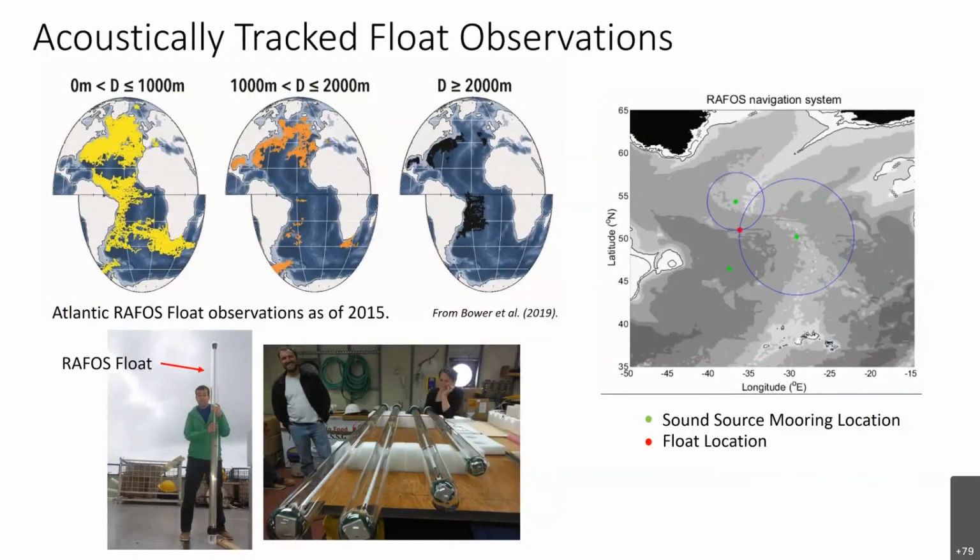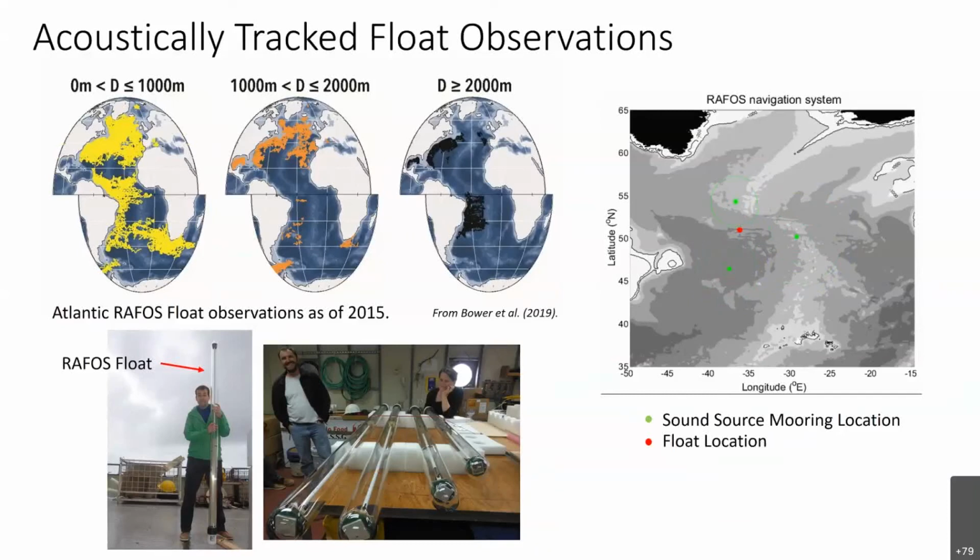In this slide, I just summarize a little bit about the acoustically tracked floats. The three panels show the data coverage for the whole globe at three different depths of acoustically tracked floats. And then there's a small animated video there that shows how these work.